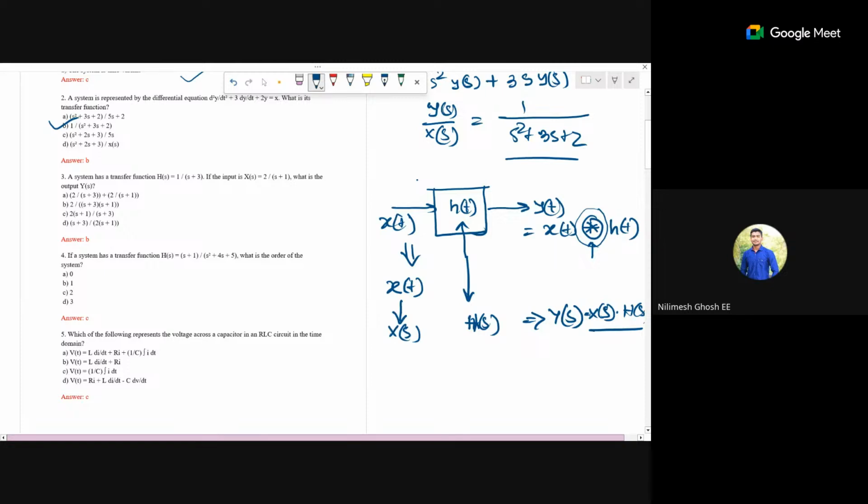You simply multiply these. But for convolution, you have to take one signal in the positive direction, take the other signal in the negative direction, then shift it by one unit of time, multiply, and then add. Do you know how to do convolution?